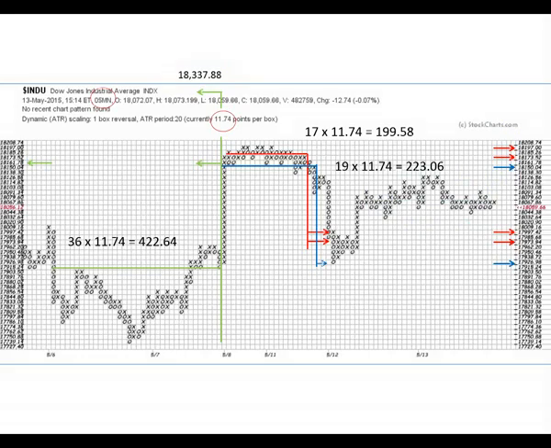My main point in showing this isn't so much to make a call on the Dow or an index, as it is to demonstrate to you all that there are some great tools, and that point and figure works on whatever time scale you want to work with. No matter what time frame you want to work in, you can use the very robust counting methods to help you determine, in this case, think of the richness.